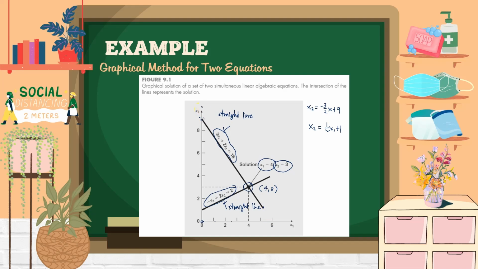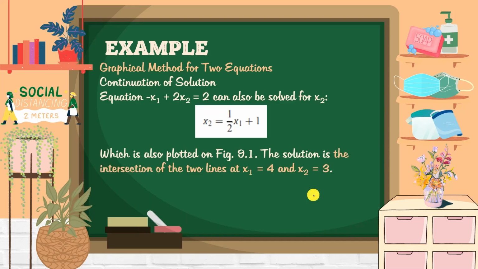Referring to the orientation of the graphical solution, we have horizontally our x sub 1 and vertically the x sub 2. This result can be checked by substituting these values into the original equations.